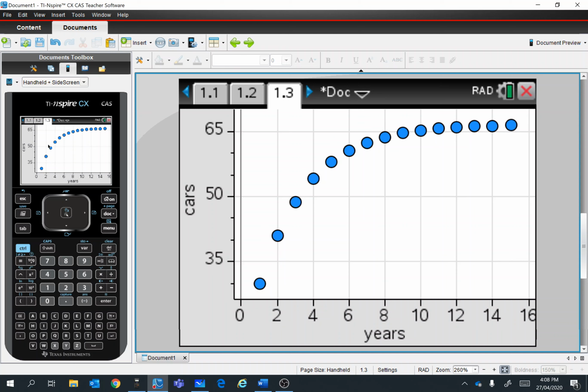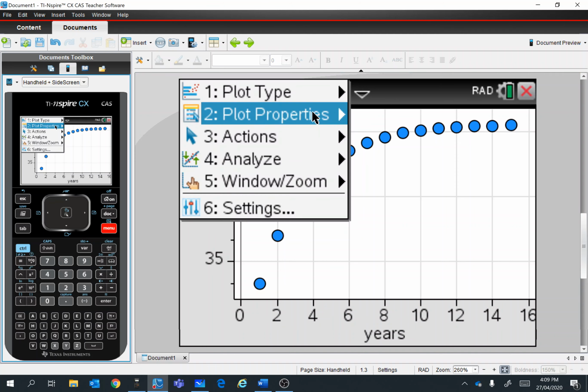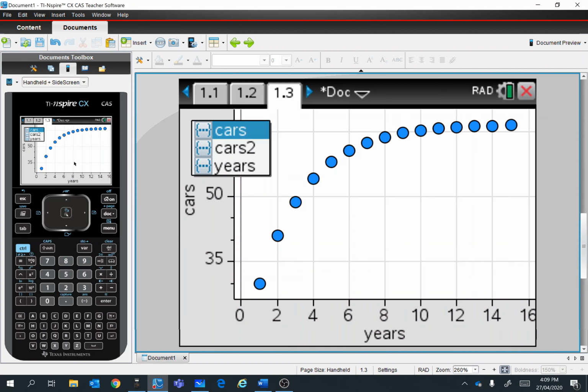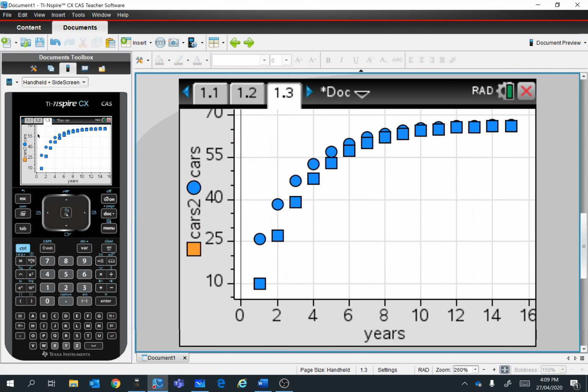So to do that, you've got to go Menu, Plot Properties, and we're going to add a y variable. That means we're going to have a second y variable on the y-axis. And I'm going to put cars2, and there it is, comes up against it. And we can see both on the same axes now.